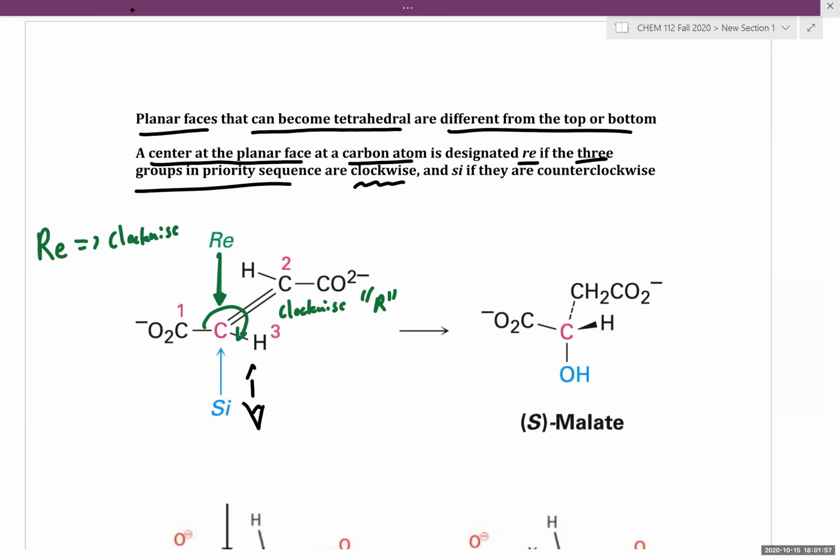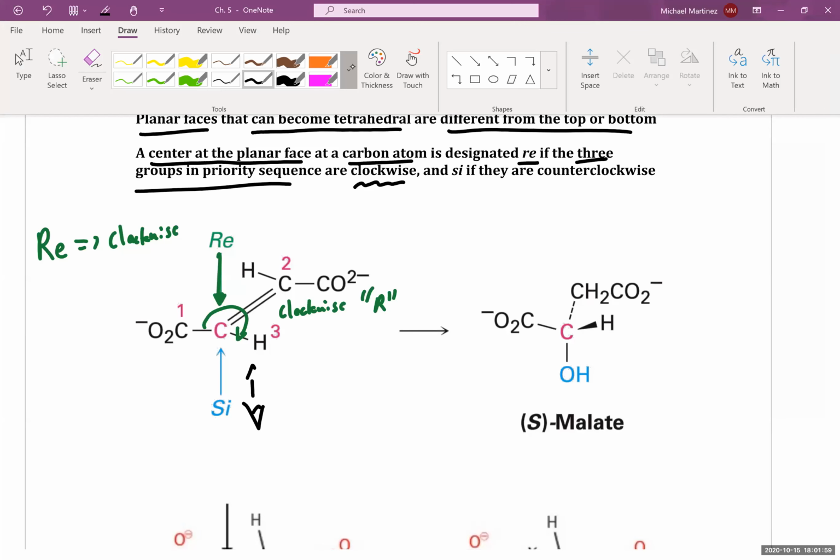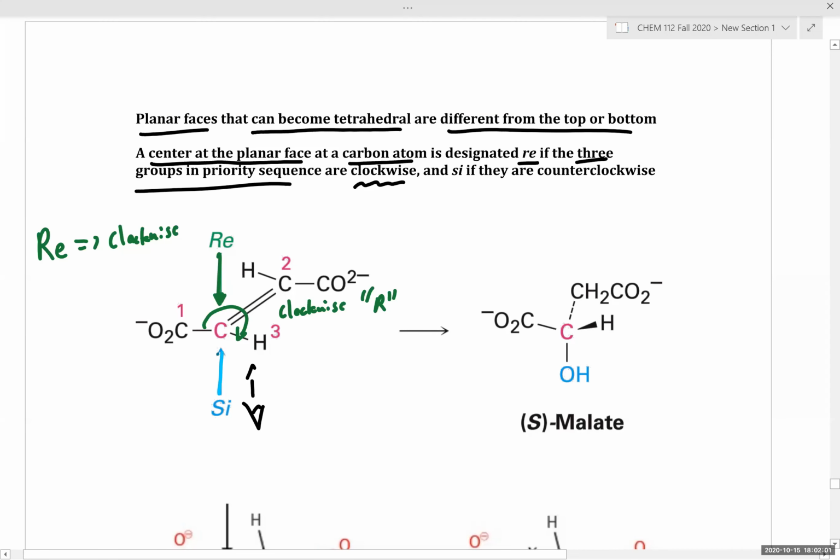The Si designation occurs if when you approach the molecule from that face, your groups are counterclockwise in order of priority. Now, what often gives students a little bit of trouble in this example is that when you approach from the opposite face, you have a different view of your molecule.